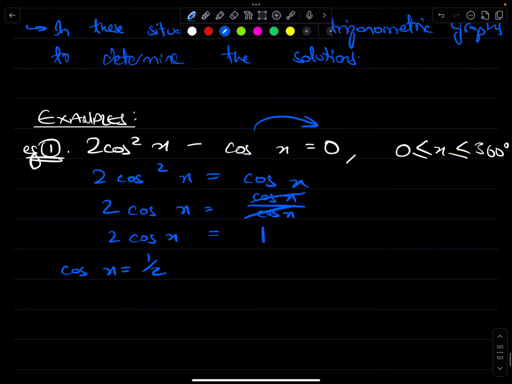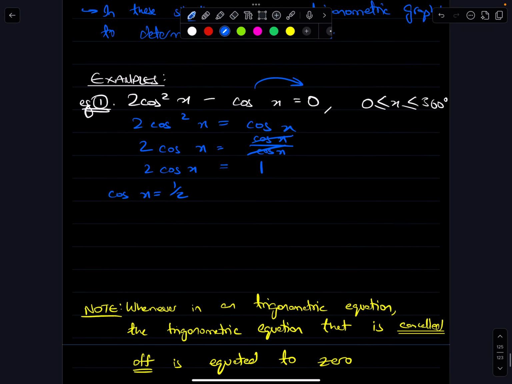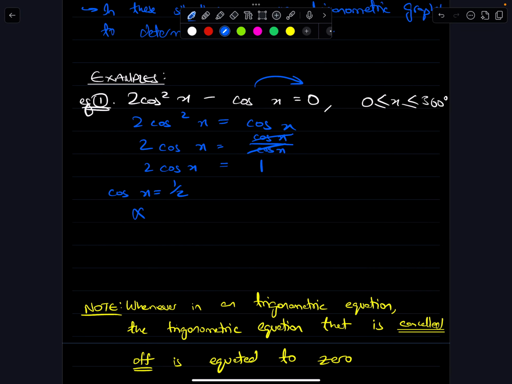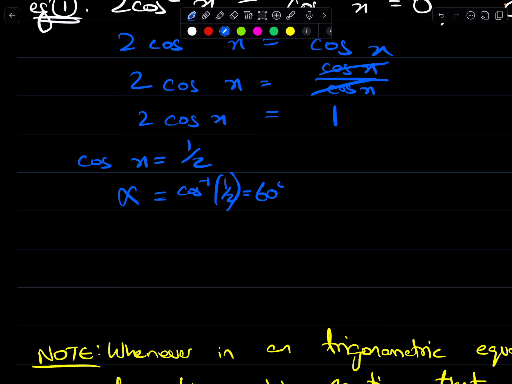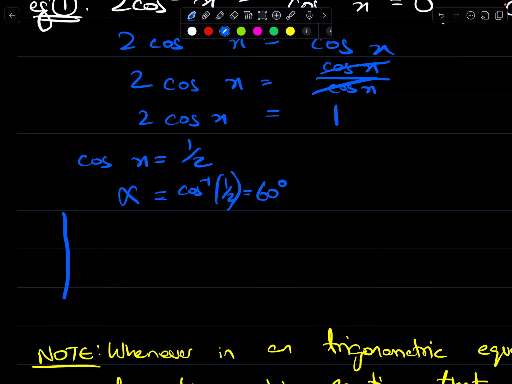Since we are asked to find the solutions in this region, we can first of all start with finding alpha. So alpha is cos inverse of half and it is equal to, just a second, it's 60 degrees. So applying ASTC, obviously your graph would look a bit bigger.